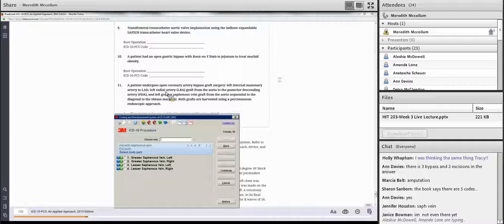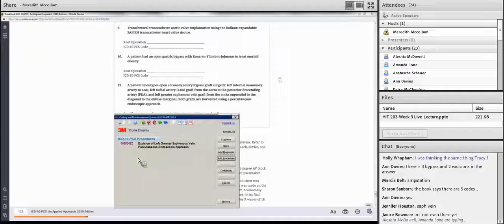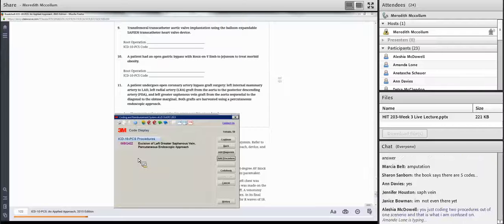Left radial artery graft from the aorta, passing the left from the aorta. So we have the left greater saphenous, and that was percutaneous endoscopic. It was for harvesting. So you have excision.